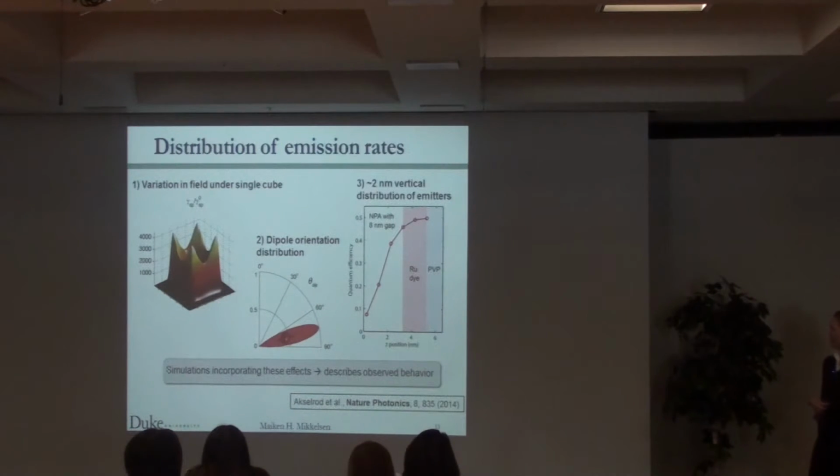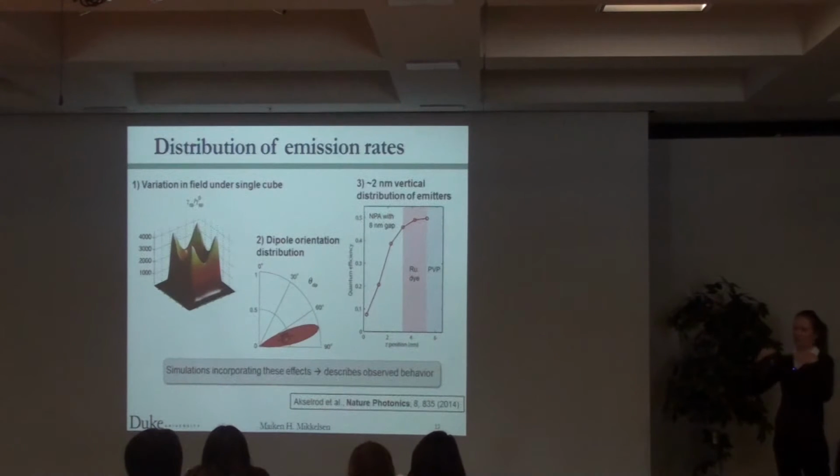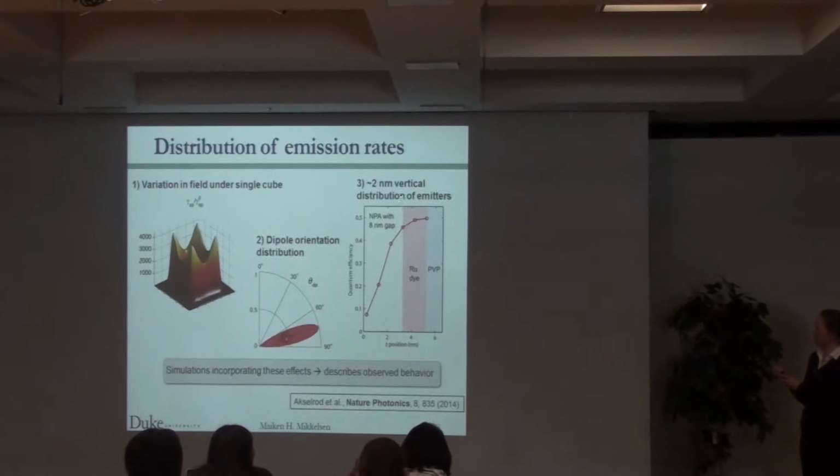The final component that we had to understand to get proper agreement with simulations was exactly where these emitters are placed. We put down these polymer layers and then our dye molecules, and we initially just thought all the dye molecules are lying in this little layer, but of course they start to intercalate into the surrounding polymer. When we did a fit to our experiments, we found that if we assume a 2 nanometer vertical distribution of emitters into these polymers, then we get a good agreement with the experimental data.